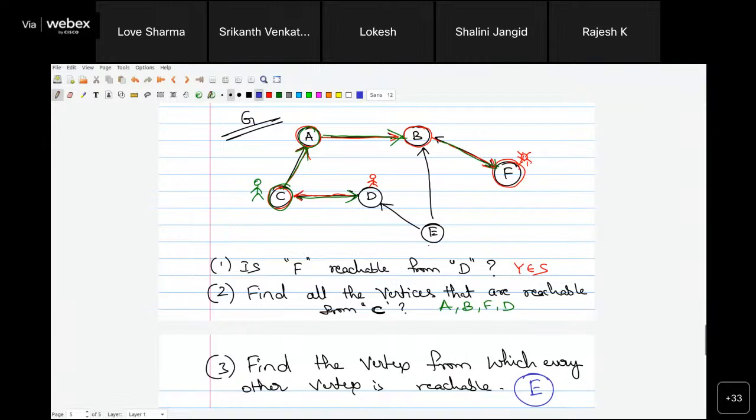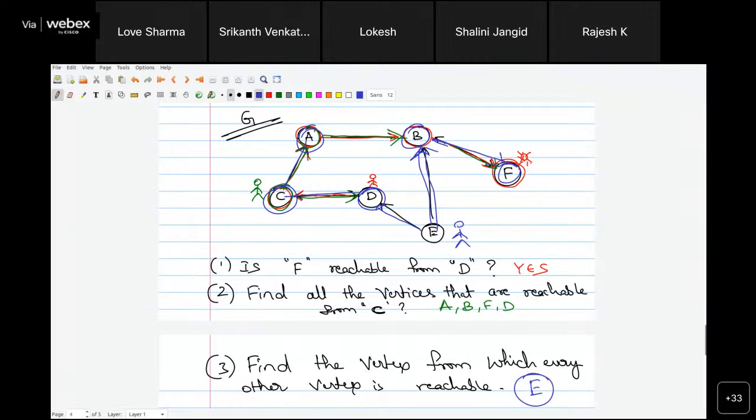But if you are at E, you can reach D, C, A, and B via two paths. You can travel like this, or directly reach B. And once you reach B, you can also reach F. So every other vertex can be reached from E.